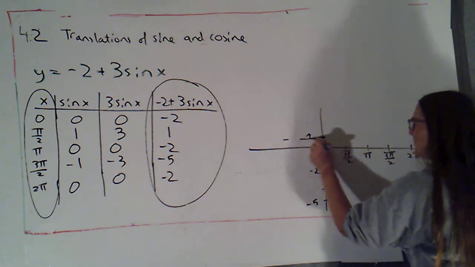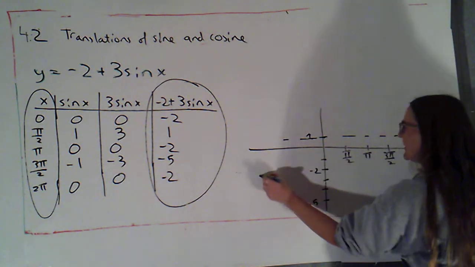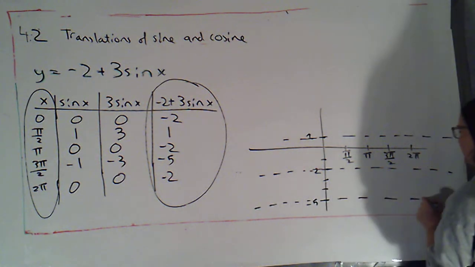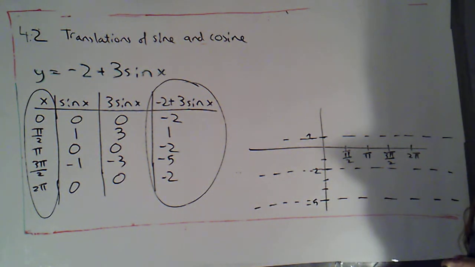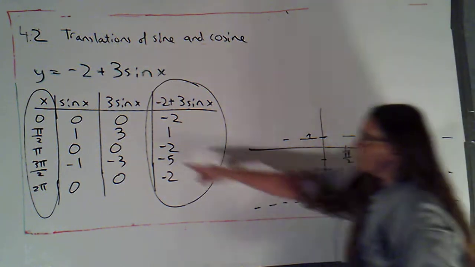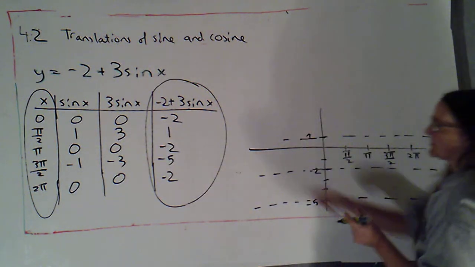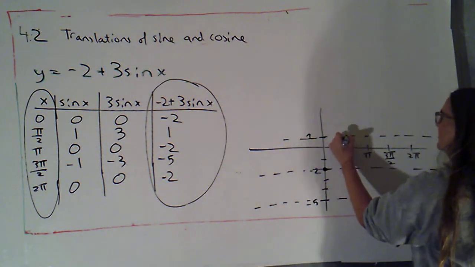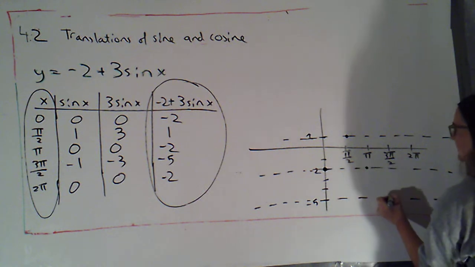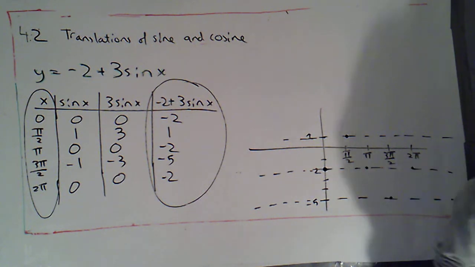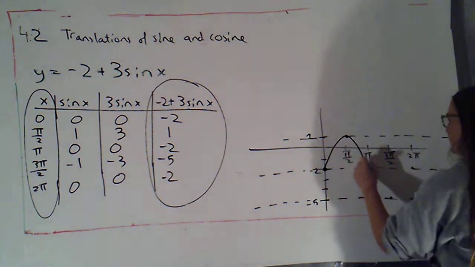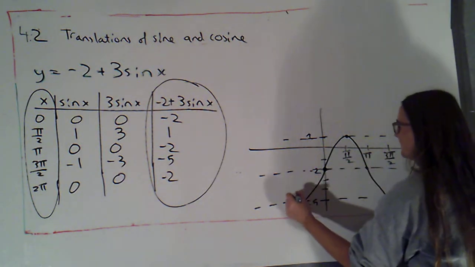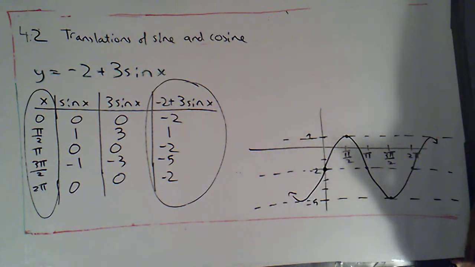So I find it helpful, although it's not necessary, to just draw in dotted lines. These are like the grid lines on graph paper at those heights. And then I'm able to say that sine, looks like we're going to start at the middle value, and then go up to a high value, down to a middle, down to a low, back to a middle, and there's my sine function right there.